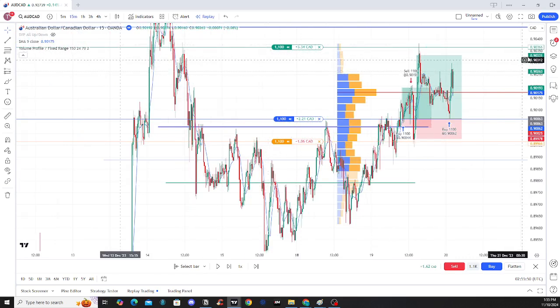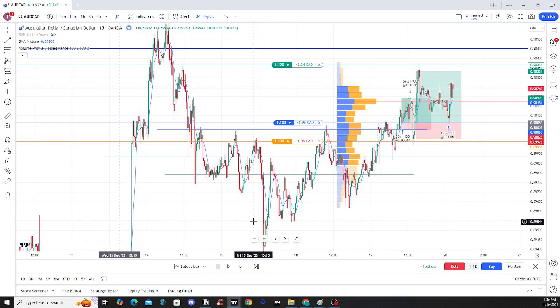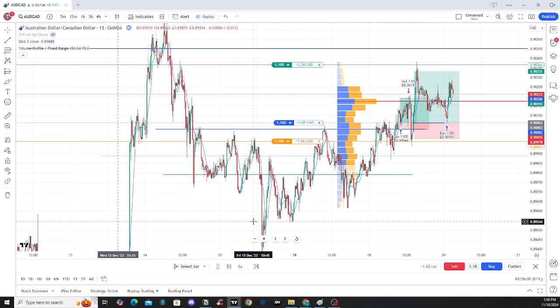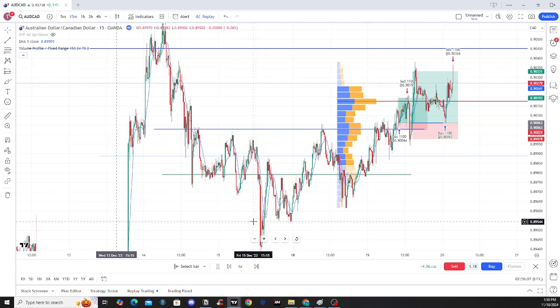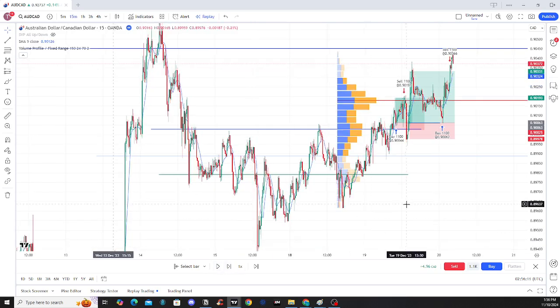Stop loss at the neckline of this area. So hopefully we get that retest. You can see it's testing these two ranges. So that worked out as well. Very interesting. So there's definitely room for aggression there.